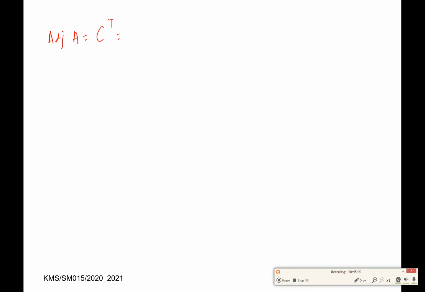So this is 2, negative 1, negative 5, 1, negative 3, 0, 1, 2, 5, negative 1, and transpose. How to transpose this?